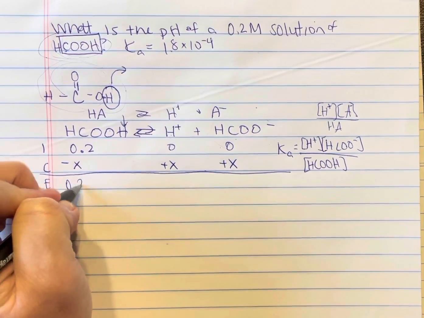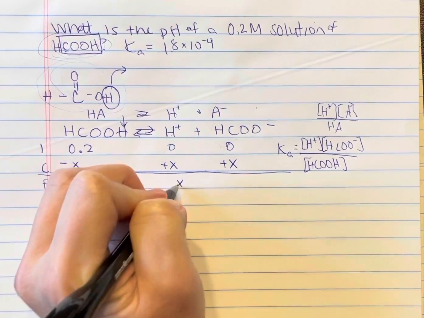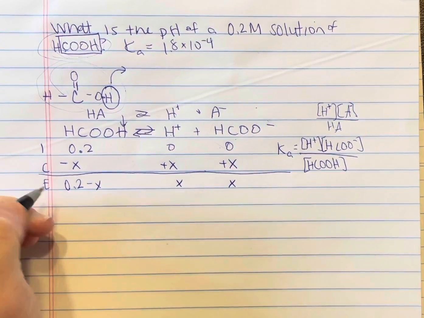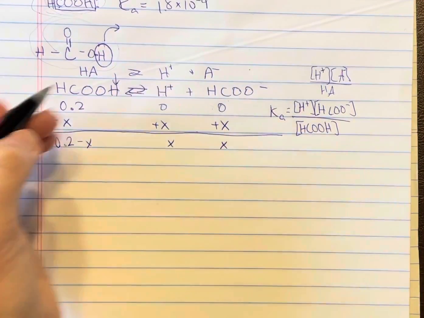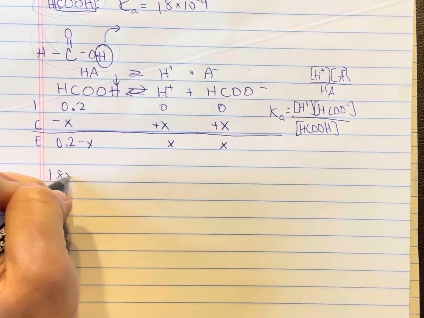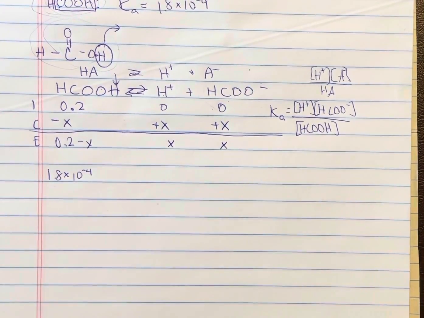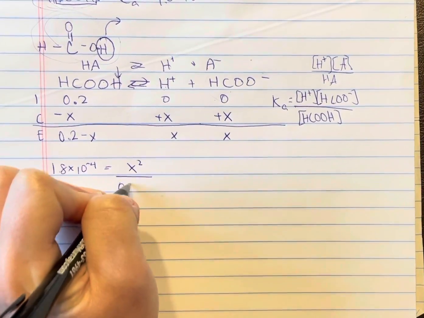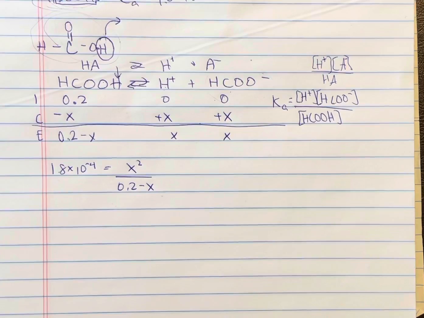So here we know at equilibrium, we have this. Now let's plug it into our expression. 1.8 times 10 to the negative 4 equals x squared over 0.2 minus x. Next thing, let's check to see if x is small.